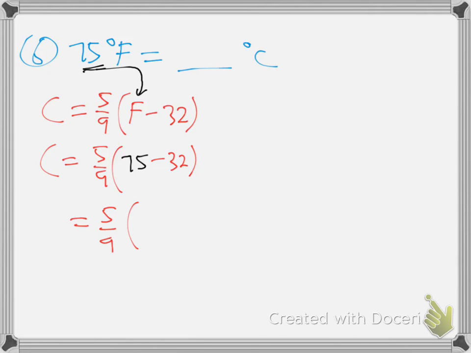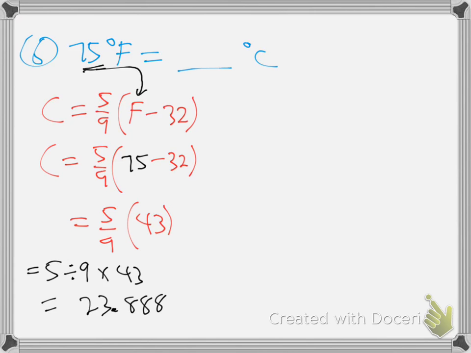Subtract those two: 43. What's 75 minus 32? It's 43. And then you take your calculator and you take 5 divided by 9 times 43. And I'm getting 23.88888.